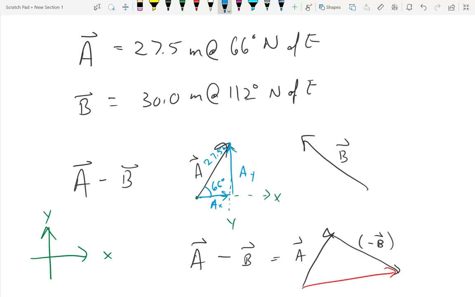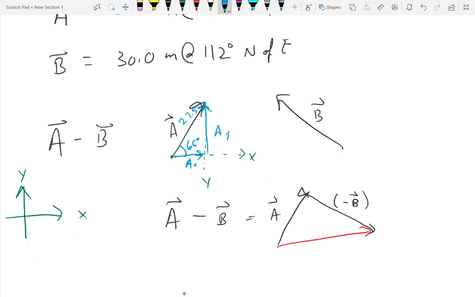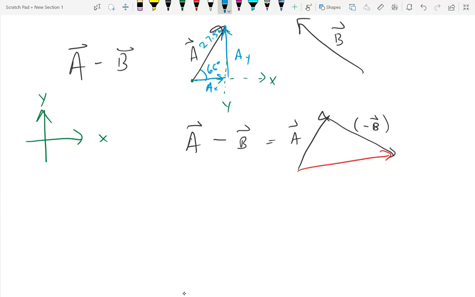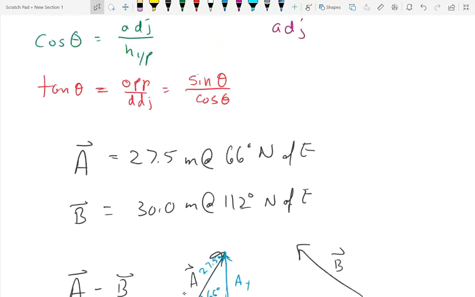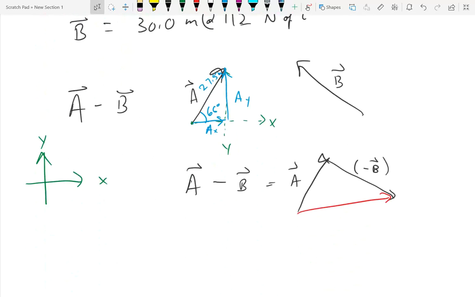So now the trick is, what is A x? In my triangle, I know two things. I know an angle, and I know the hypotenuse. Which side of my triangle is A x? Adjacent side. So that means I can take the trigonometric function that relates adjacent and hypotenuse. That was cosine.